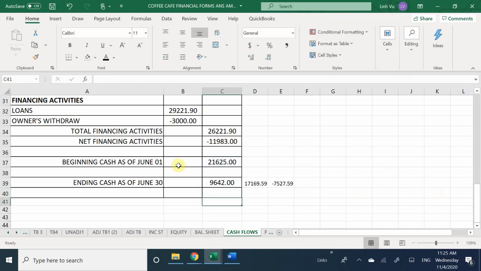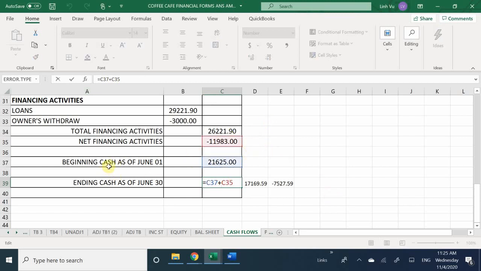Yeah. I just added the two together. This number with the net operating. I just added the beginning cash plus this, plus the net financing activity. It shouldn't be 30,000. I'm sorry. Hold on.